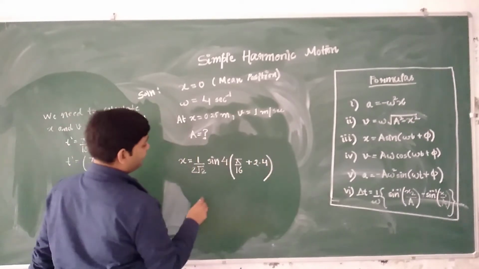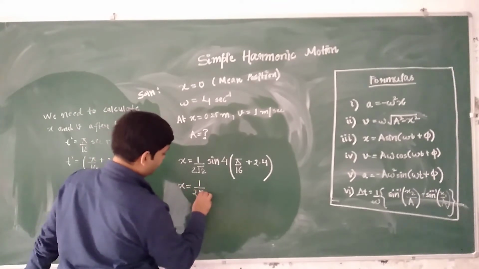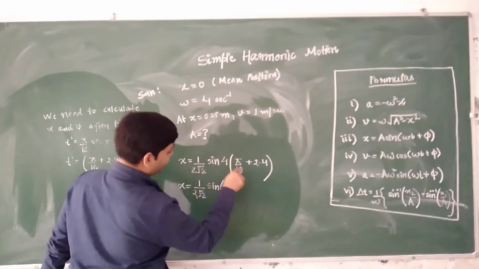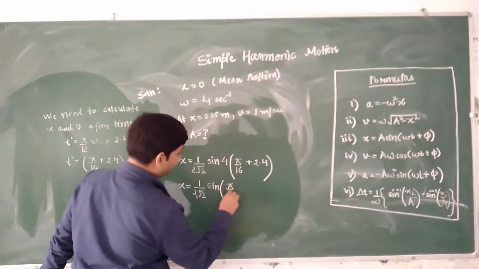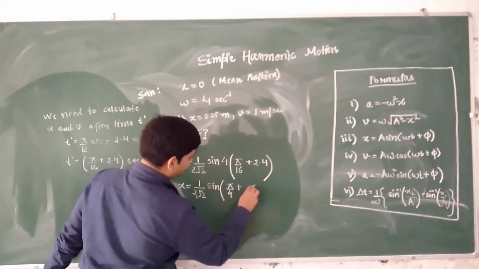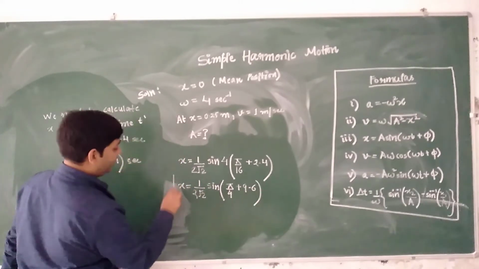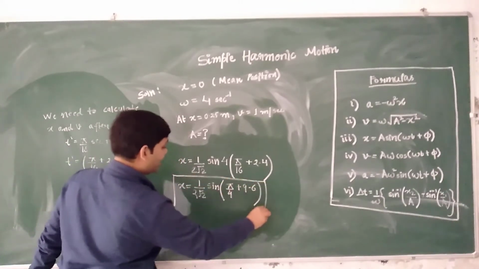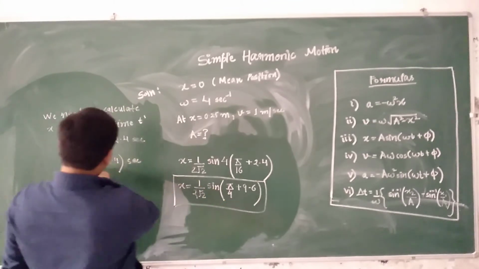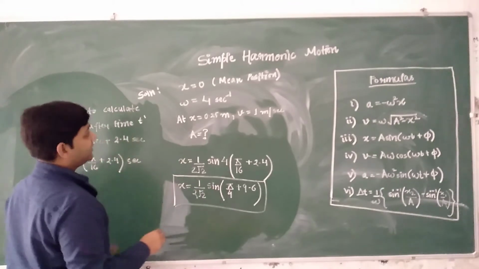Or you can take the 4 inside and then we will have x is equal to 1 upon 2 root 2 sine of, this 4 and 16 will cancel out, pi by 4 plus 4 into 2.4, 4 4s are 16, 1 carry, 4 2s are 9.6. So this is the value of x coordinate after time pi by 16 plus 2.4, right?